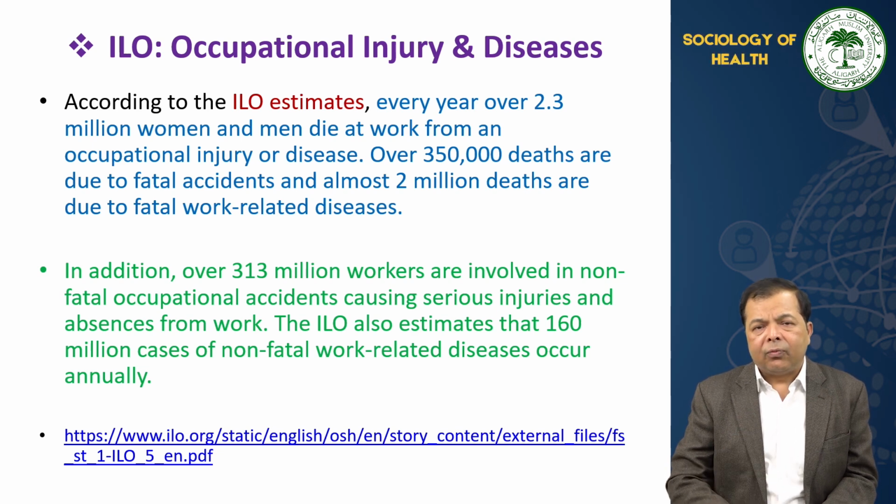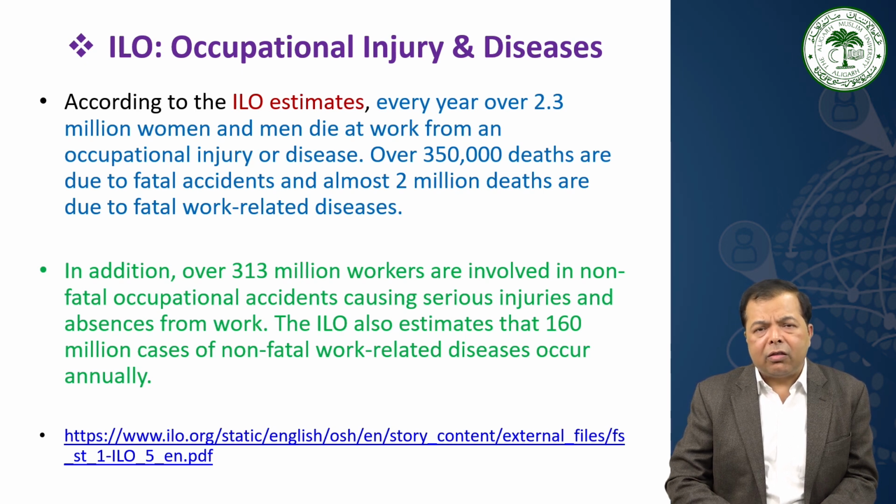There is a fatal injury that basically is a serious blow, the end of life. But on the other hand, there is non-fatal injury, which is also damaging in the sense that after having those non-fatal injuries, very often people are not in a position to work again.